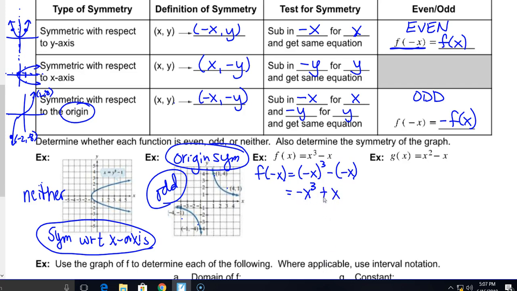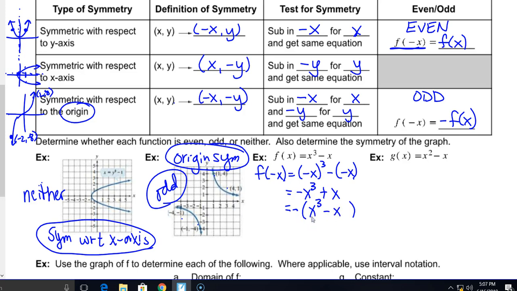Now, if I want to compare that to the original, definitely they're not equal. They're not the exact same, so it's not an even function. But notice, this is positive, this one's negative, this one's negative, this one's positive. So they are exactly opposites of each other. Now, a way I could prove that to you is if I factor out a negative, that changes the sign to make this positive and this one negative.